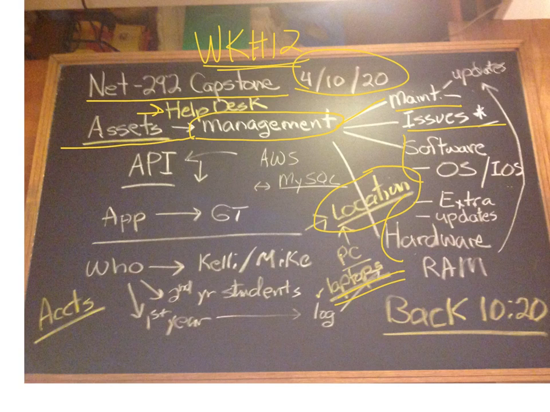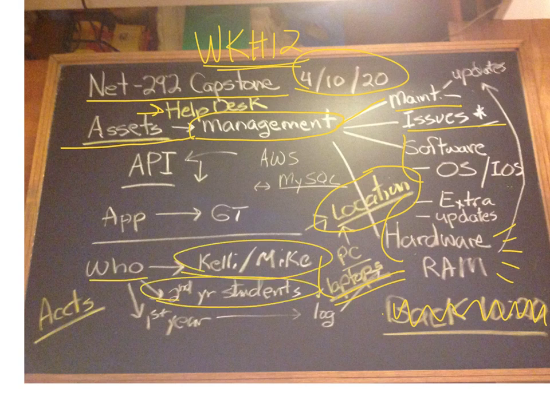PCs, laptops, where they're at, who's got them. Same thing, we have a number of items to indicate in terms of hardware. So who? We talked about administrators, second year students, first year students, different types of accounts.